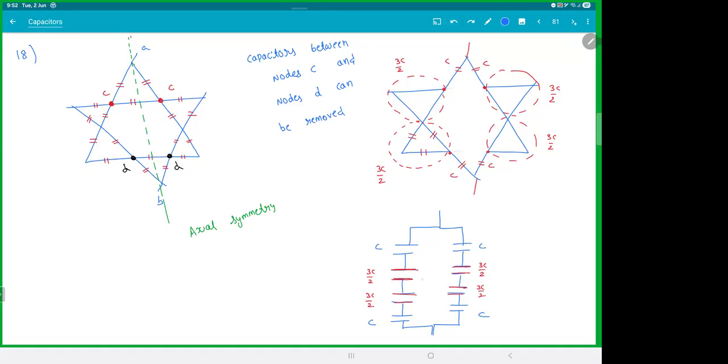How much is this? C by 2 and 3C by 4, half plus 1 by 4, 3 by 4, 3C by 2 into 3C by 2, C by 2, C by 2. No, wait.